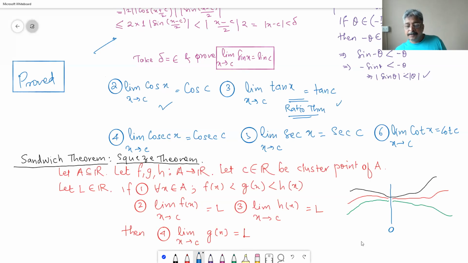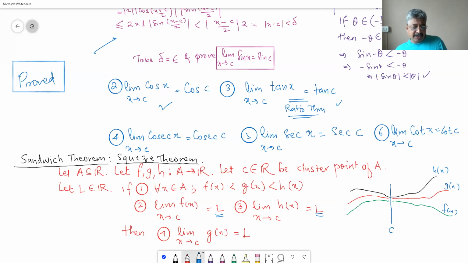This is c. So, this first function is f of x, this is g of x, and this is h of x. As x tends to c, if h of x and f of x tend to the same value, then they are going to take g of x also along with them.